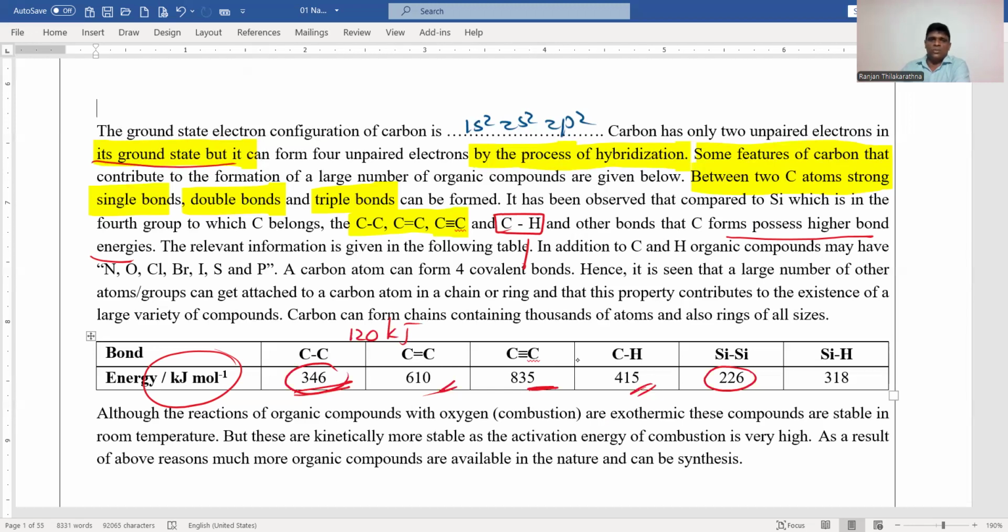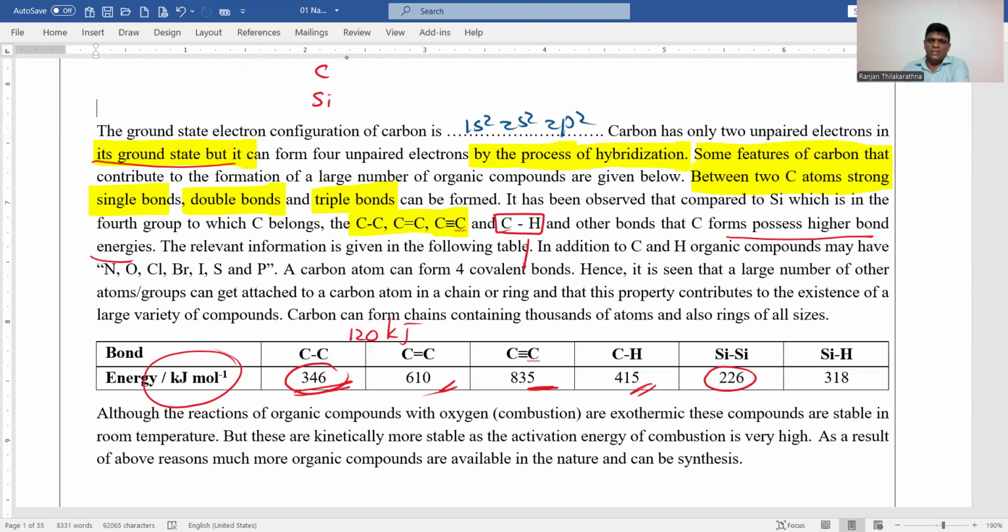That's why, though carbon and silicon are found in the same group in the periodic table, group number 14, the carbon-carbon single bond is stronger than the silicon single bond.